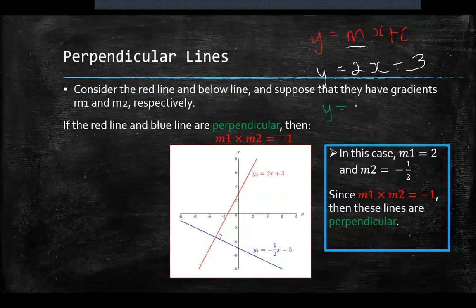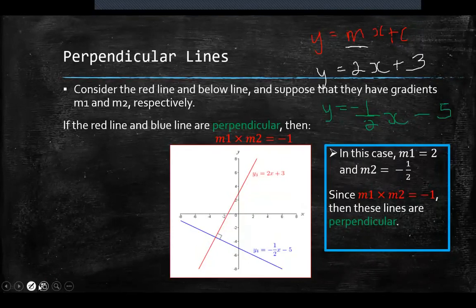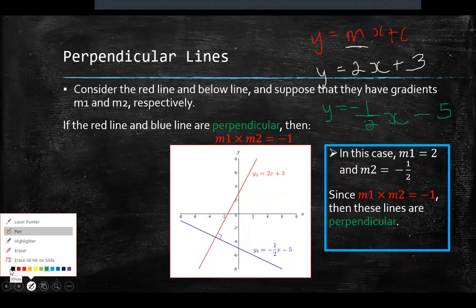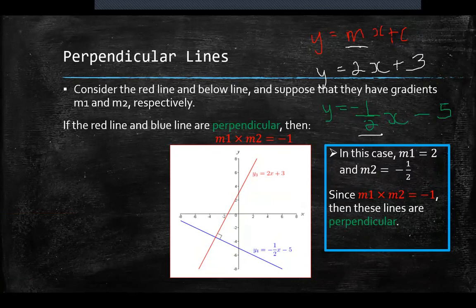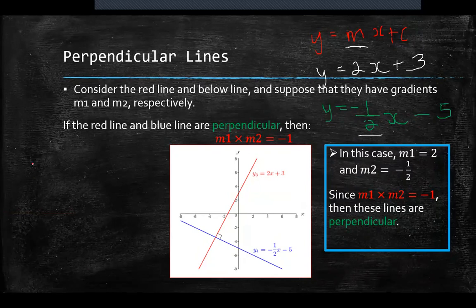Y is equal to -1/2 x minus 5, and by looking at that, we could tell that the gradient in this case is -1/2. That's why M2 is -1/2. And since M1 times M2 is equal to -1, let me show you.